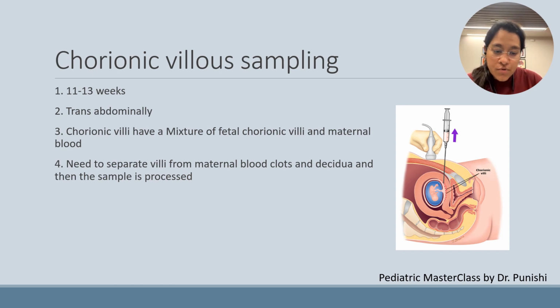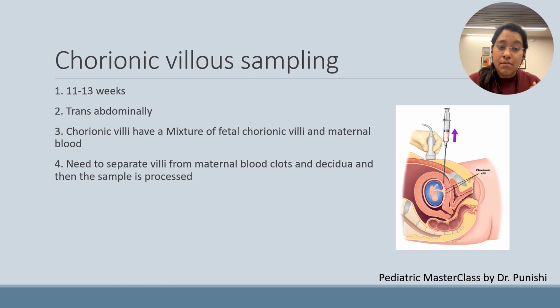So, with the ultrasound probe, we try to locate the chorionic villi, and then a needle is inserted and a sample is collected. It's important to remember that when the sample is aspirated, the chorionic villus sample that we get has a mixture of both the fetal chorionic villi and the maternal blood.